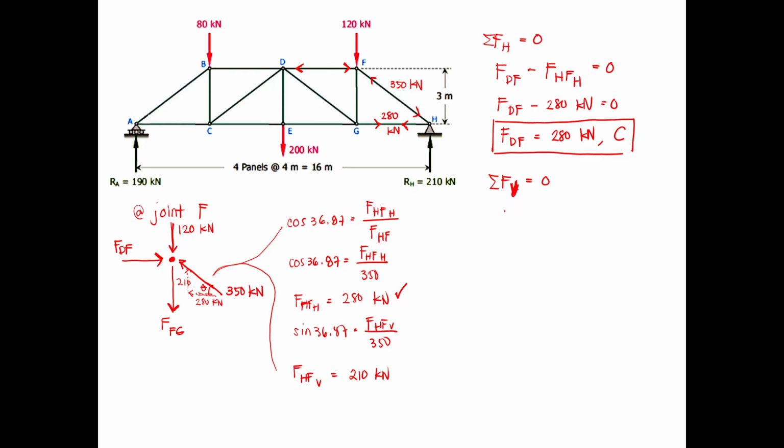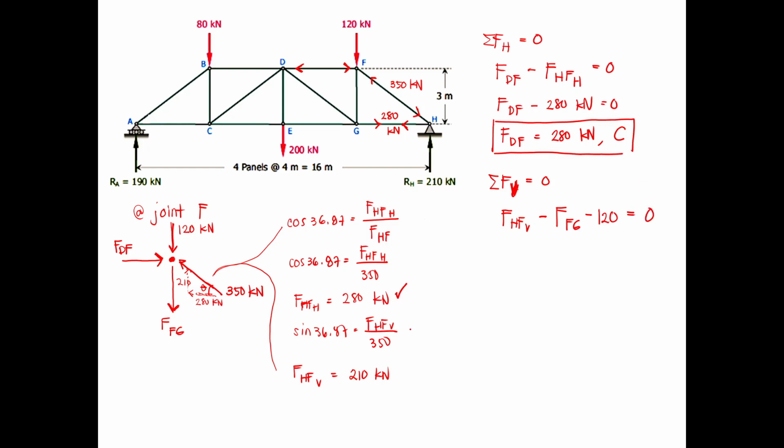We consider first the positive parts: the vertical component of HF, minus the downward force coming from FG, minus the external load, the 120 kilonewtons, equals 0.